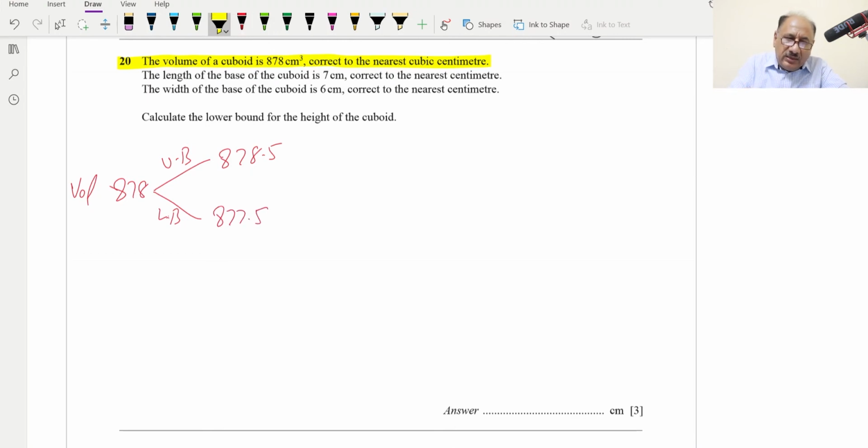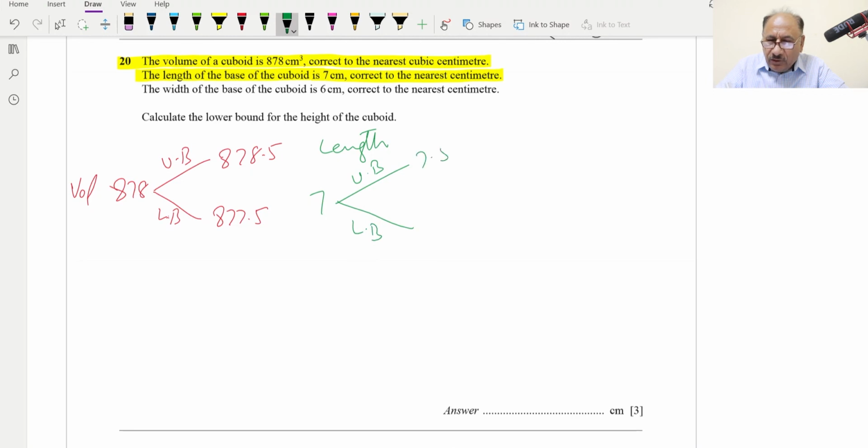Now the second line is the length of the base of the cuboid is 7 centimeter, correct to the nearest centimeter. So for length we can write 7 centimeter, and upper bound and lower bound will be 7.5 and 6.5. Now we are looking for the next third line, width.